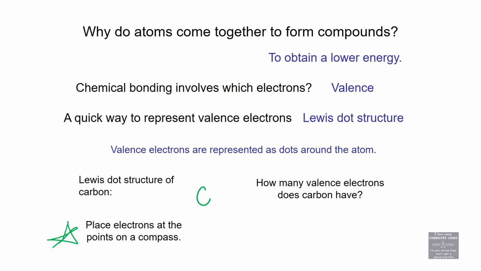Put the electrons at the points on a compass because we've also said electrons don't pair unless they have to. So we put electrons at 4 points on a compass, and it doesn't matter if we do north, south, east, west. If we only have 3 electrons, north, south, east, it doesn't matter. But 4 points on a compass for 4 carbon valence electrons. That's my Lewis dot structure of carbon.